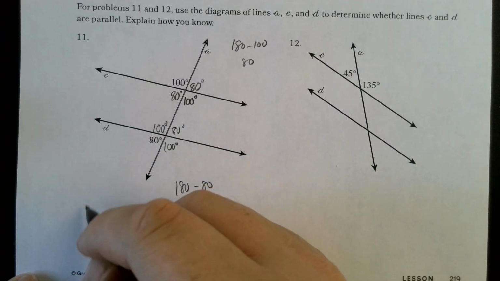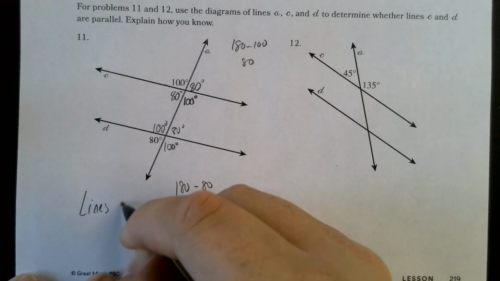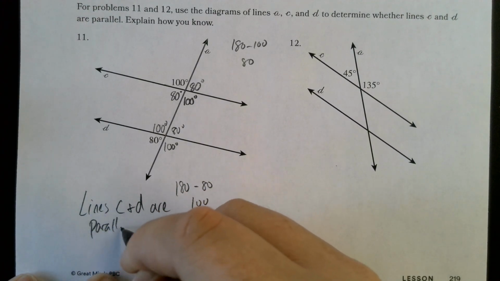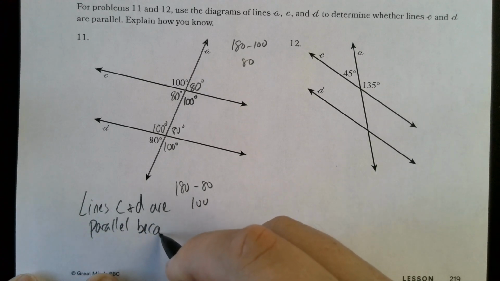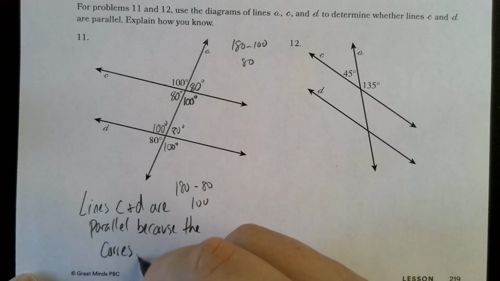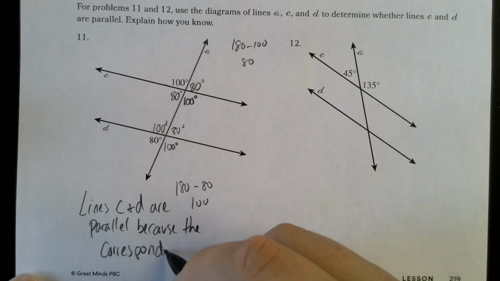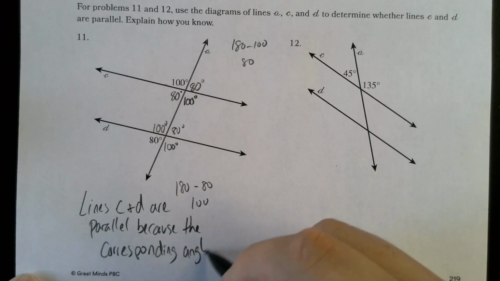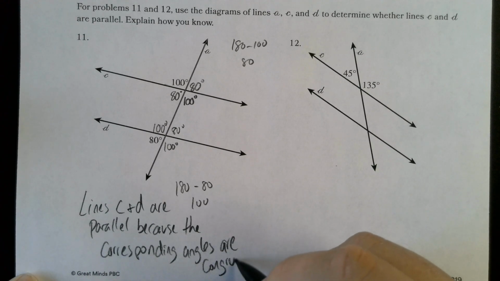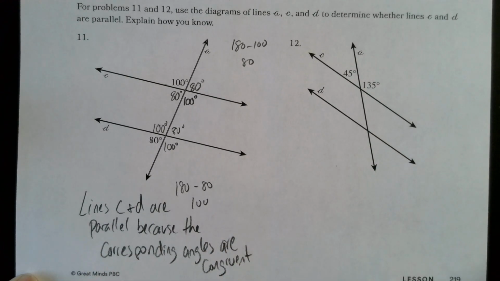So we would say lines C and D are parallel because the corresponding angles are congruent.